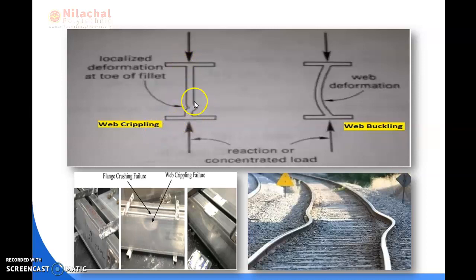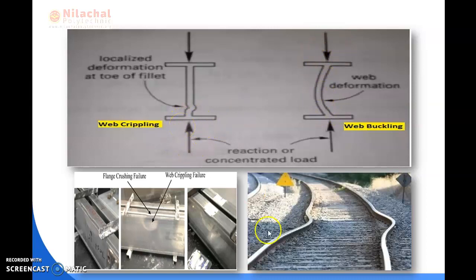That may be at the lower part or at the upper part of the flange. But in case of web buckling, you can see the total depth of the web is a curved section here due to the loading system. And this is due to the reaction.